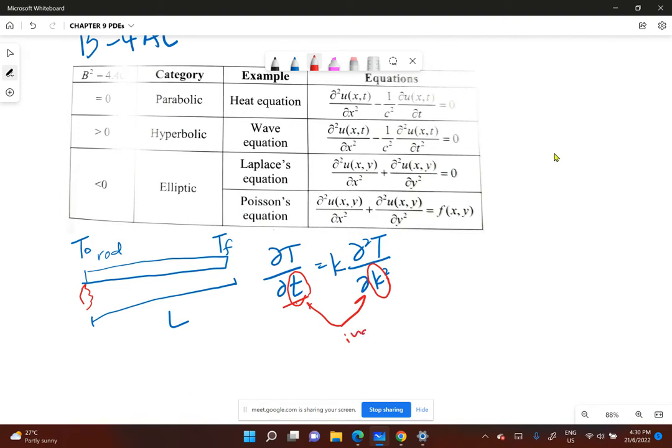This means here the temperature of the rod will change based on time T, and the other one based on K. K depends on, maybe it's the density of the rod, the type of material. Okay. So it can be this one.